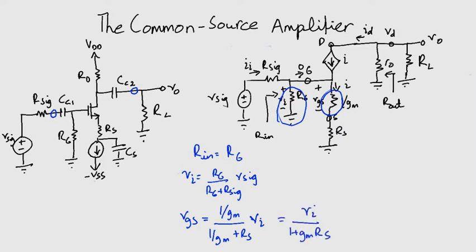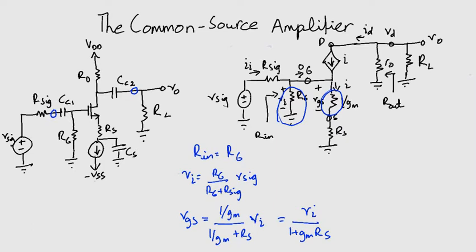Rearranging, we find that the value of VGS is reduced by a factor 1 plus Gm Rs. Rs can be used to control the magnitude of the signal VGS. This ensures that VGS does not become too large, because it is essential for it to be kept small so that the small signal condition can be satisfied.